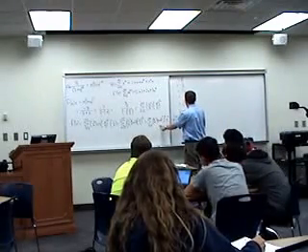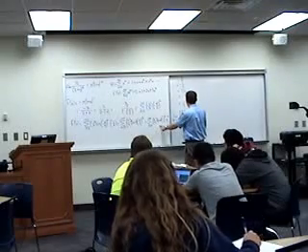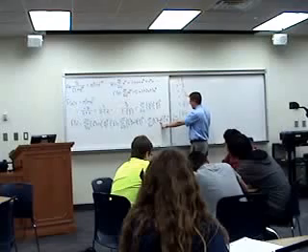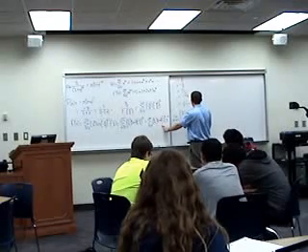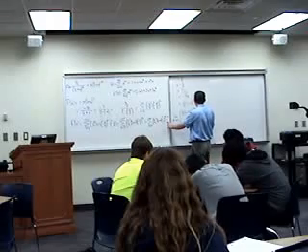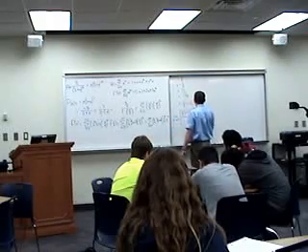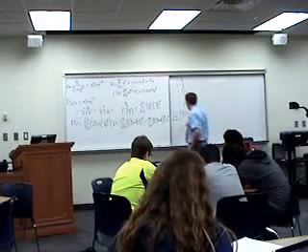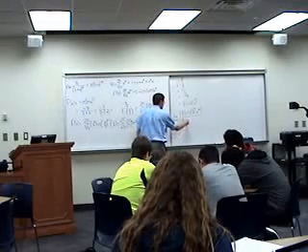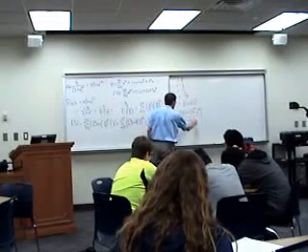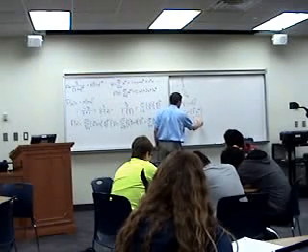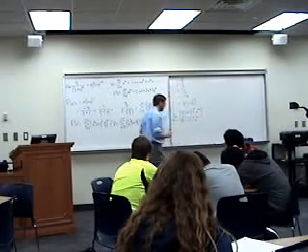Absolute value of 3/4 times n plus 1 plus 1, which is n plus 2, times negative 1/2 to the n plus 1 times x to the n plus 1. All of that over 3/4 times n plus 1 times negative 1/2 to the n times x to the n.